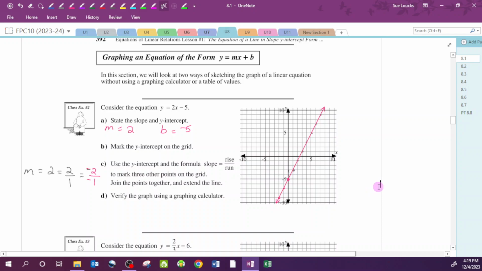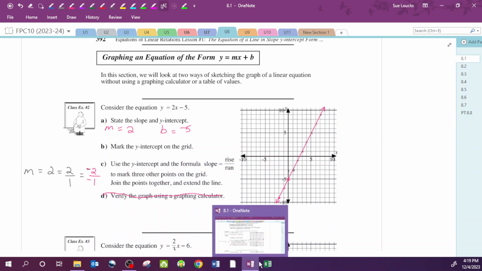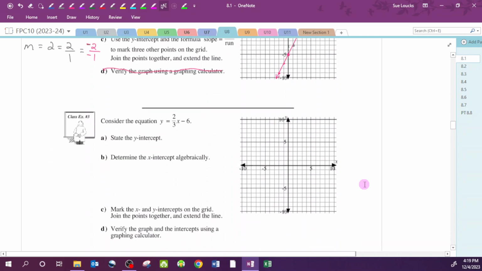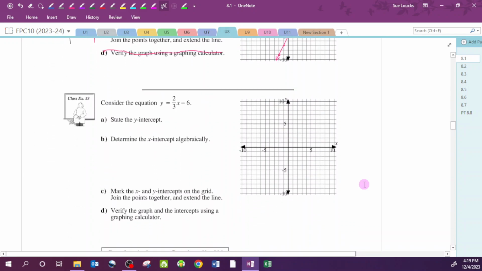Now I've got a nice line that goes all the way through it. And if I just did it through 2 points that were close together, it wouldn't be nearly as good. And you're not going to worry about verifying it because we don't have graphing calculators. I'm going to suggest that you pause this and try this question. I'll do it, but go ahead and pause it and then come back.